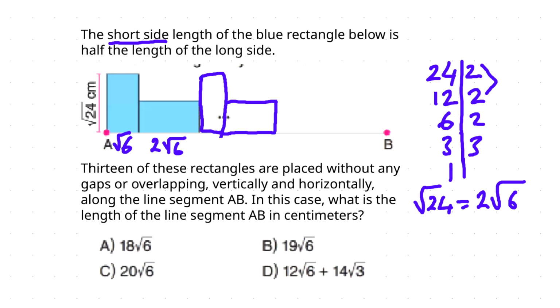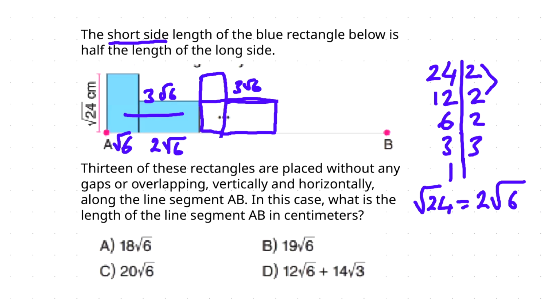Total the length we have is, when you add root 6 plus 2 root 6, you have 3 root 6, right? For the second pair, you will have the same length, 3 root 6. So for every two rectangle sets, we have 3 root 6.